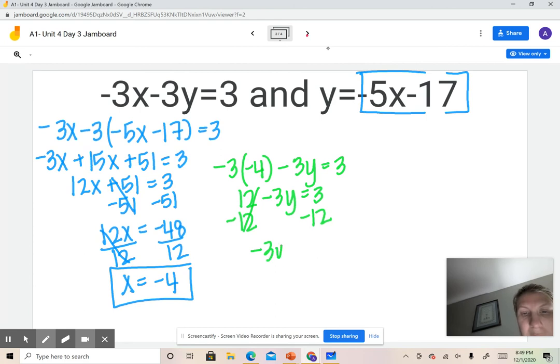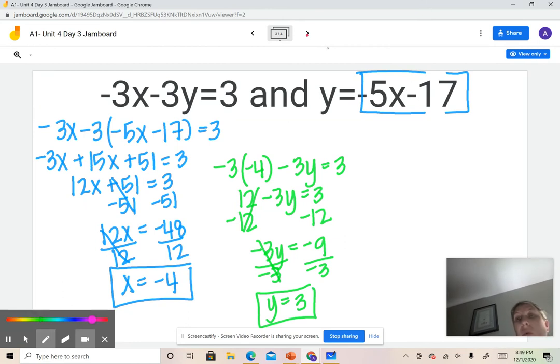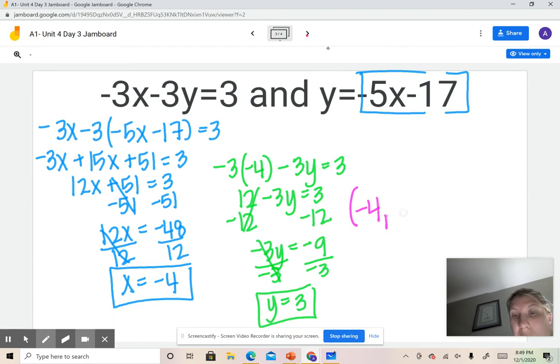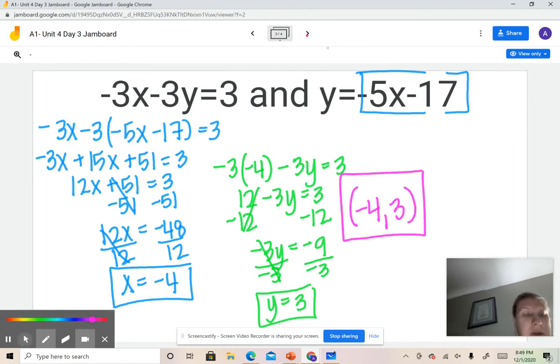So you have negative 3y equals negative 9. Divide by negative 3. So y equals 3. But what do you not want to forget to do? Write it as a coordinate. Negative 4, comma, 3.